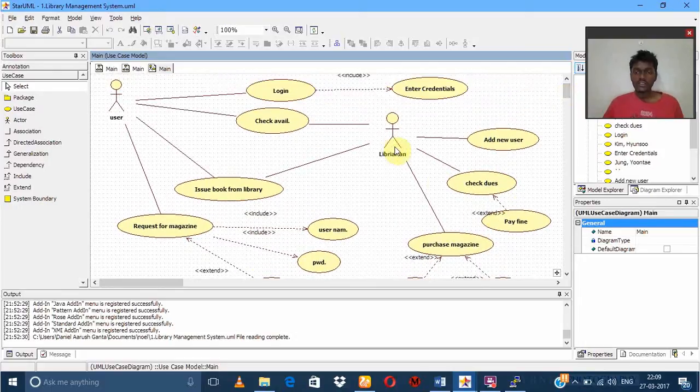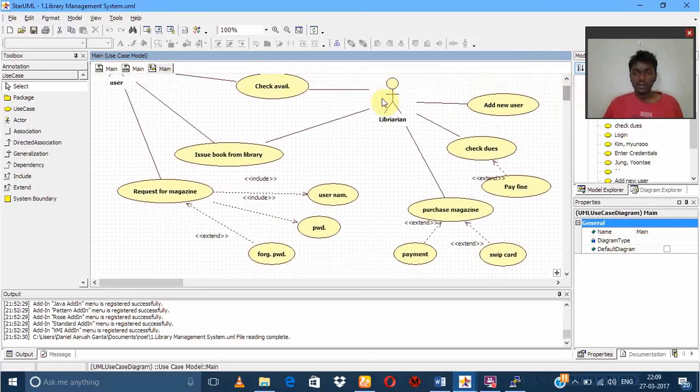As you can see, people tend to bunk all these fares. So for this, we have a particular fine function, which extends from the check dues function, and which checks the fine imposed on this particular customer.